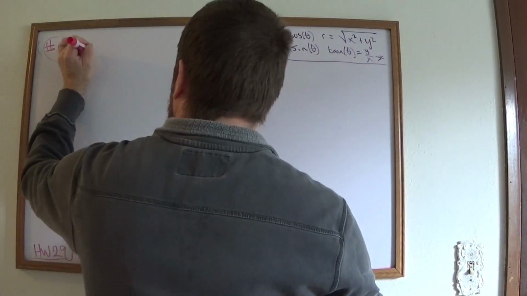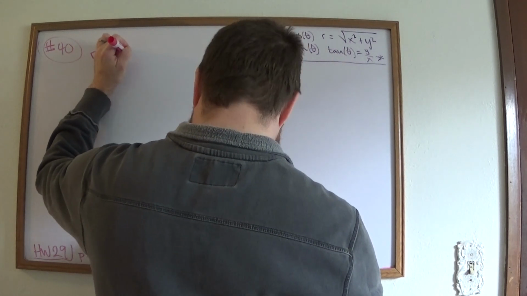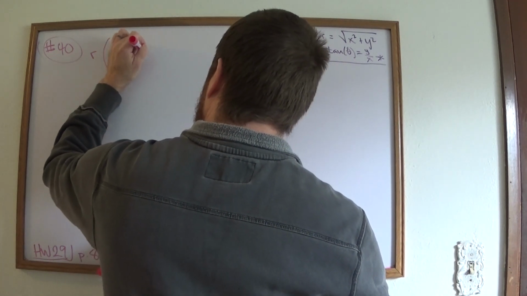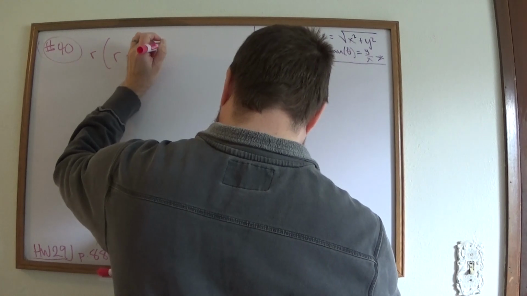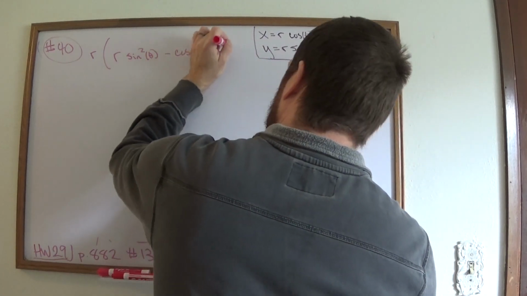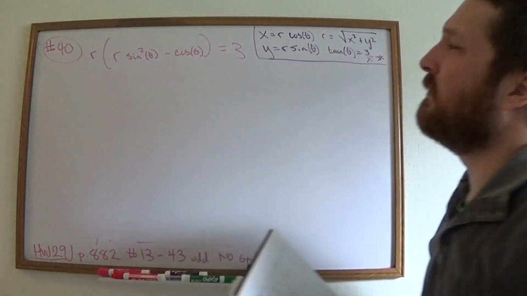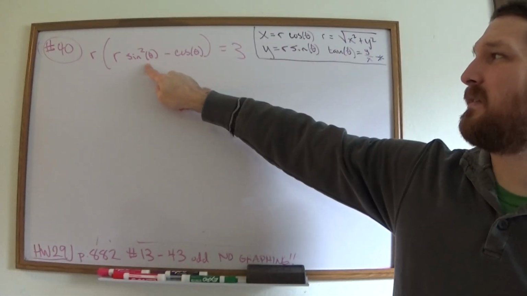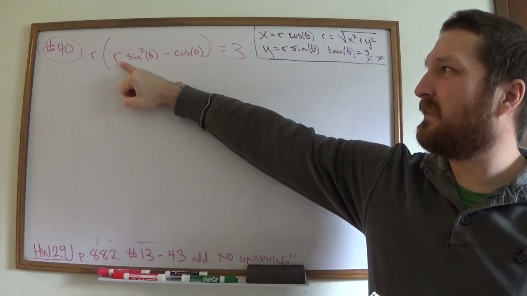Number 40. Okay, here we go again. r times r sine squared theta minus cosine theta equals 3. Now, do not think that that's just x squared, because it's not.